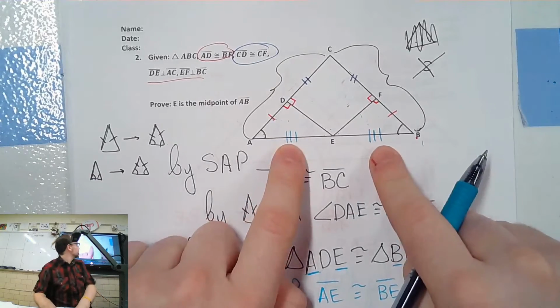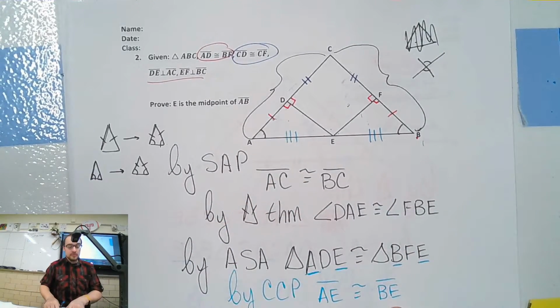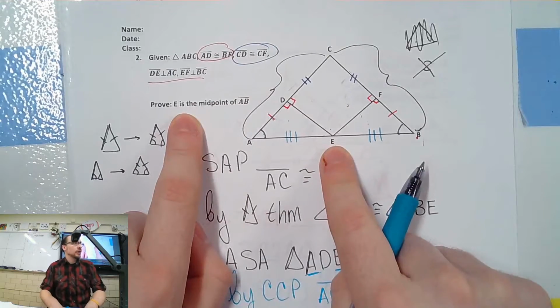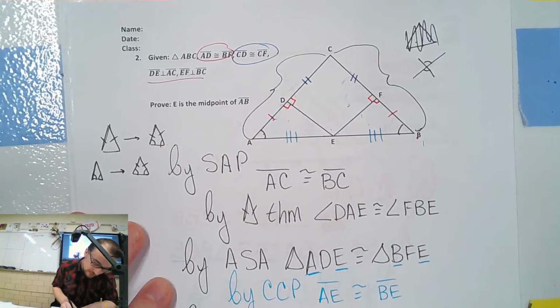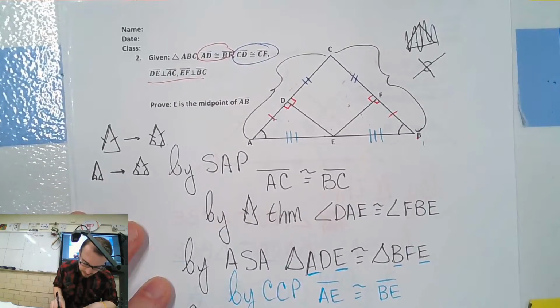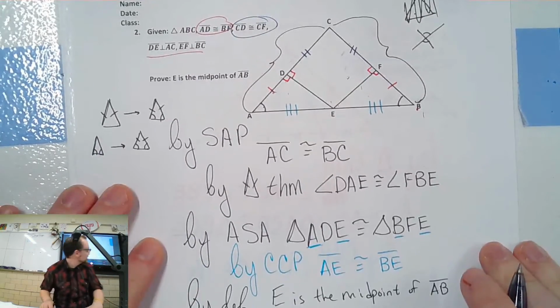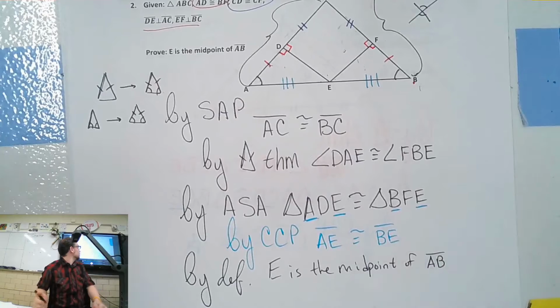Now, if those two are congruent, which we just showed they were, by definition, E is the midpoint. So by definition, E is the midpoint of AB. And we win.